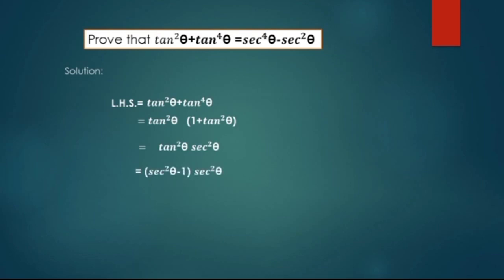So secant square theta minus 1 into secant square theta. We can multiply these two: secant square theta into secant square theta, secant to the power of 4 theta, minus 1 into secant square theta, secant square theta. These are equal. So LHS is equal to RHS.